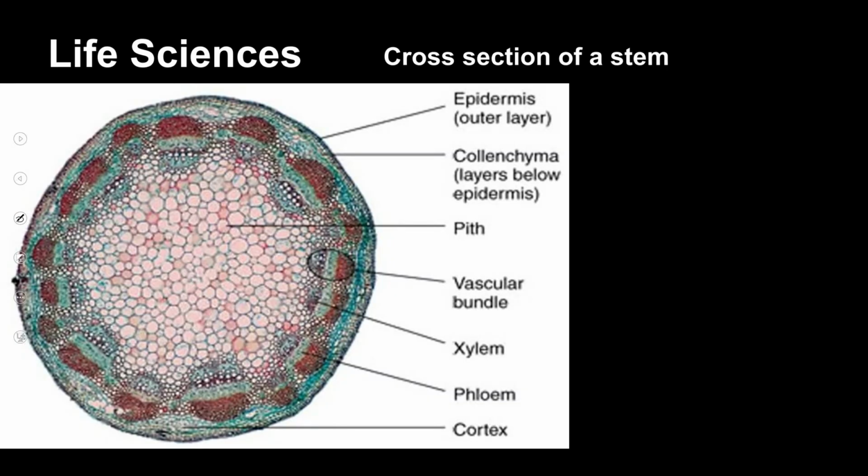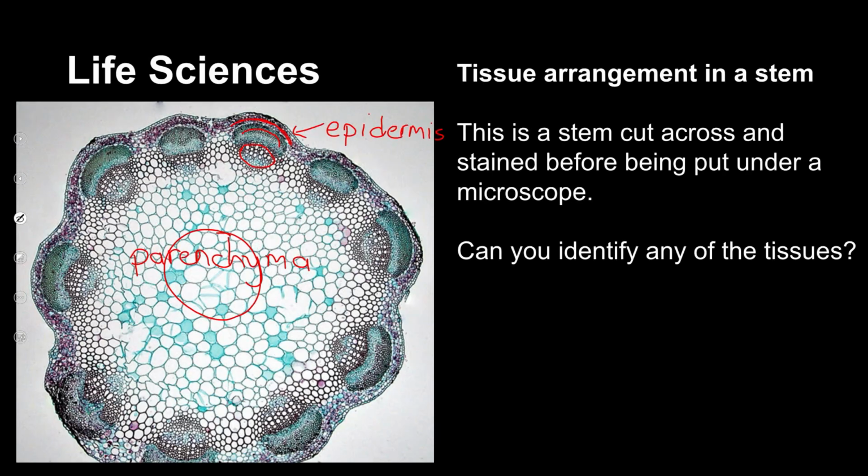If we look at the next picture, this looks kind of different and sort of the same to the previous one. And the reason is that the two are sections of different stems. So every stem would look slightly different, but if you look, there is the same pattern.